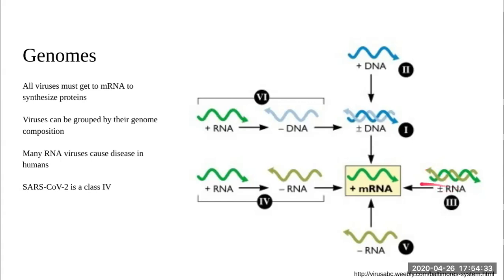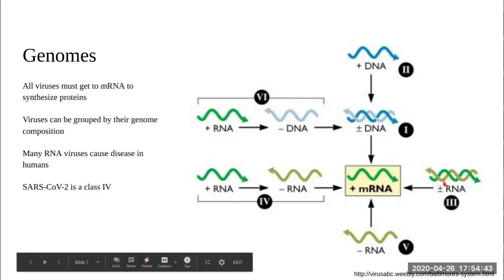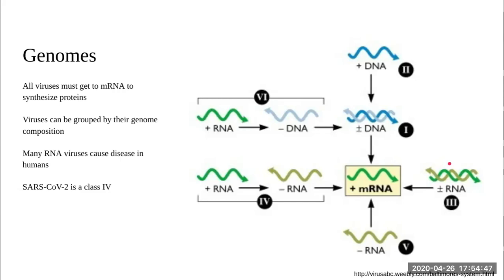Either the positive strand is immediately translated, but more than likely, from what I've been taught, the negative strand gets made into a positive strand mRNA, and then you make proteins from that.